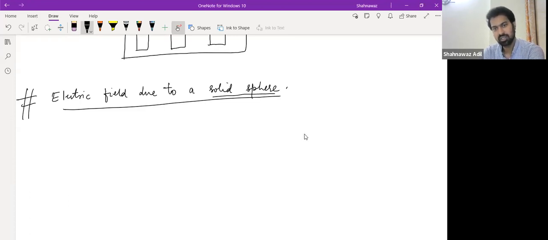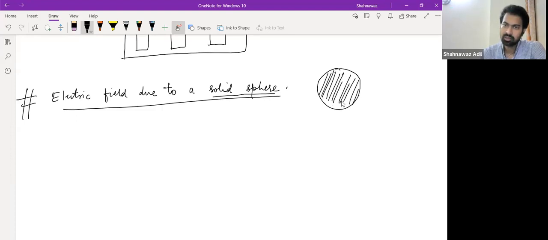Faiza, what kind of charge density? Let me give you guys a hint. We have three kinds of charge density, for continuous charge distribution. So what would be the type for a solid sphere? Tarif, what would be the charge distribution of a solid sphere?